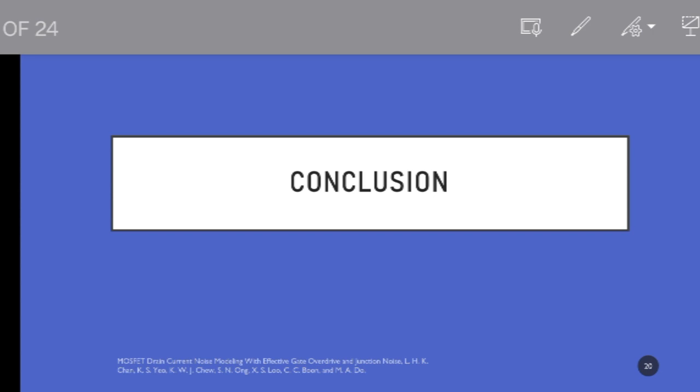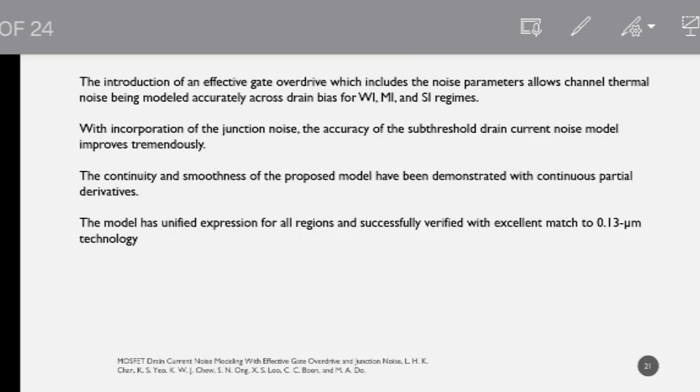The conclusion of this paper tells about the introduction of an effective gate overdrive, which includes the noise parameter that allows channel thermal noise to be modeled accurately across the drain bias for WI, MI and SI regimes, and with the incorporation of the junction noise, the accuracy of the subthreshold drain current noise model improves tremendously.